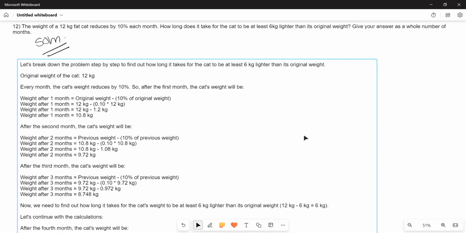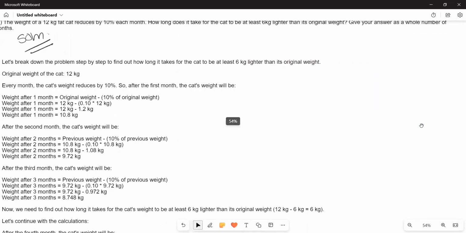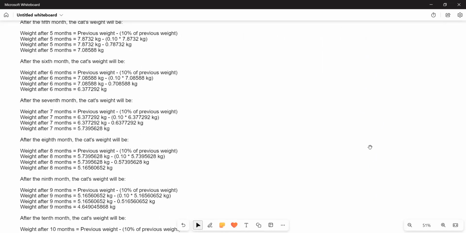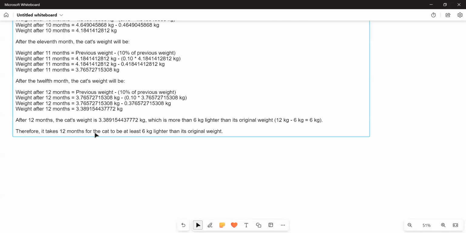I hope you will understand all of this, right? So for taking screenshots, let me hold it and then I will move to the second portion of this question. Finally, it will take 12 months for the cat to be at least 6 kg lighter than its original weight.